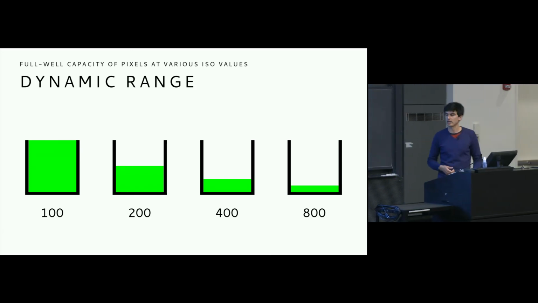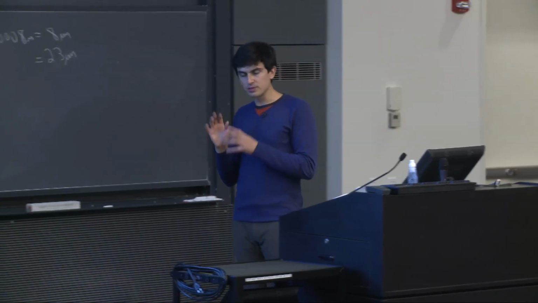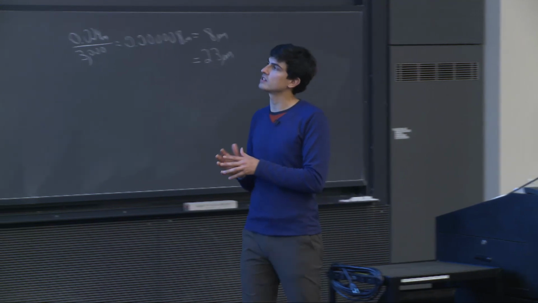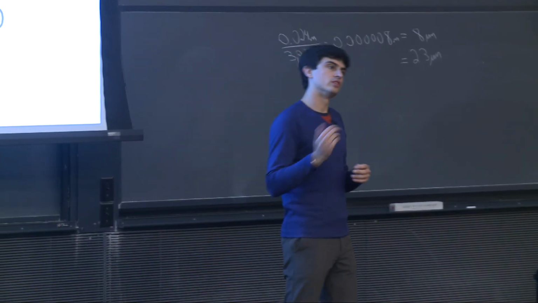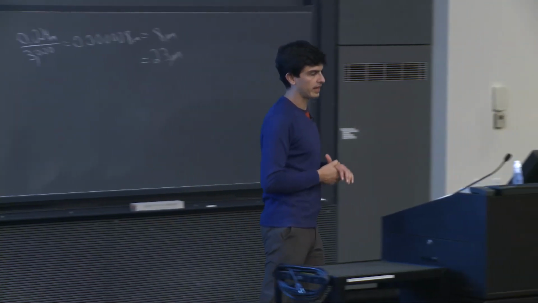And that is indeed what happens. But again, although we are in fact losing dynamic range as we increase the ISO, it's not quite as bad as reducing that dynamic range in half.